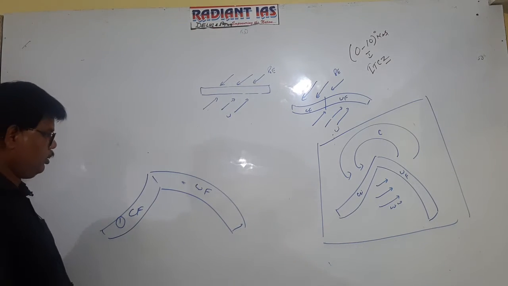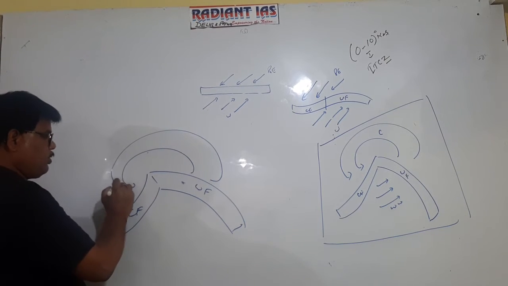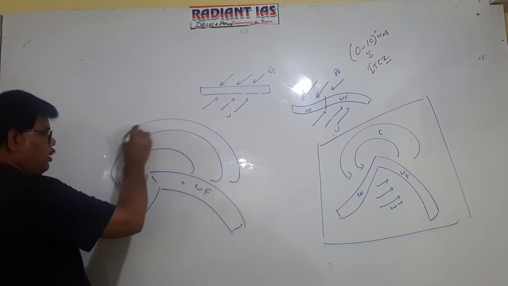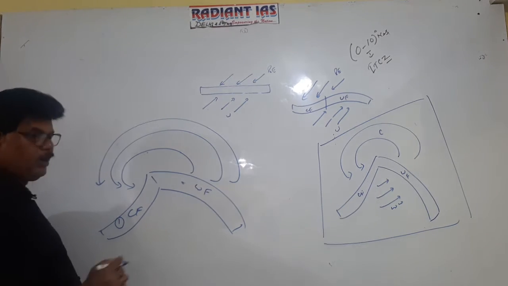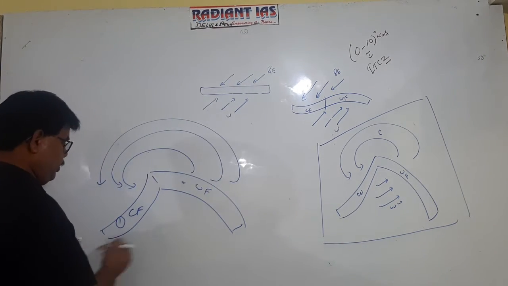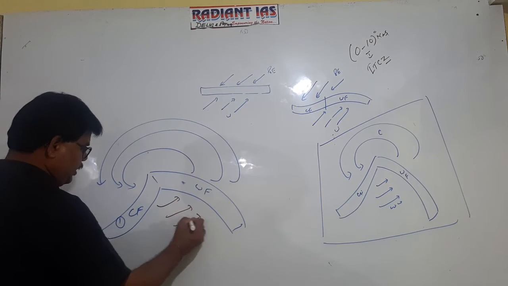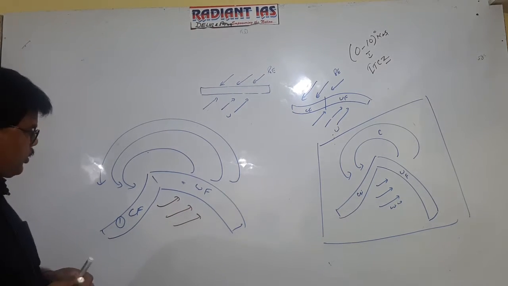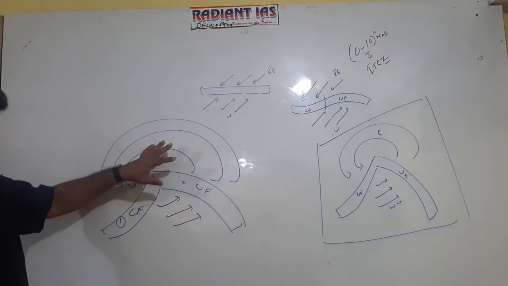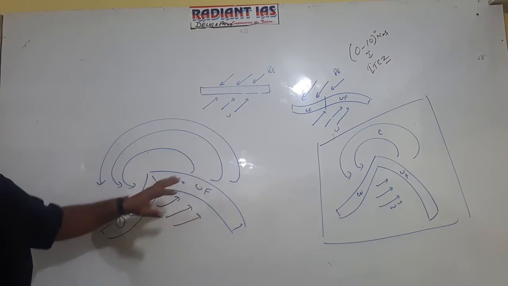This area is dominated by cold air mass, and this area is dominated by westerly warm air mass. This figure is a true representation of the temperate cyclone.